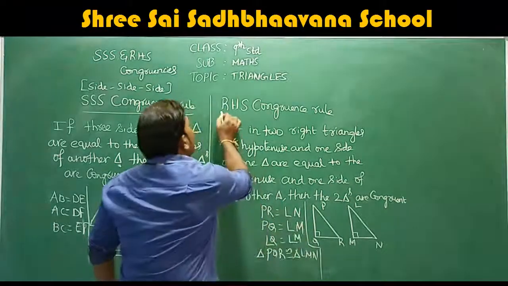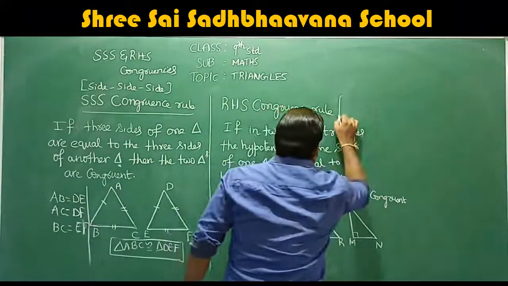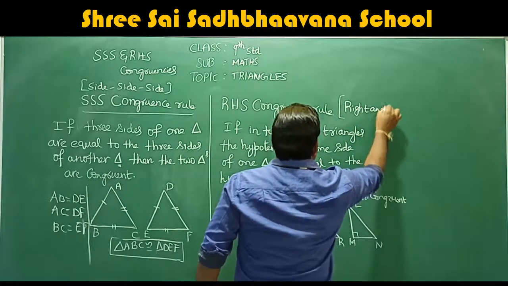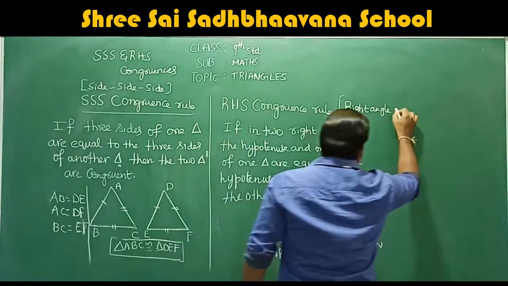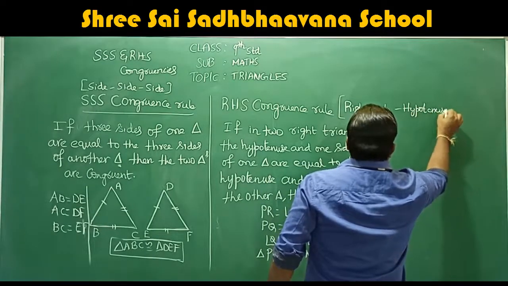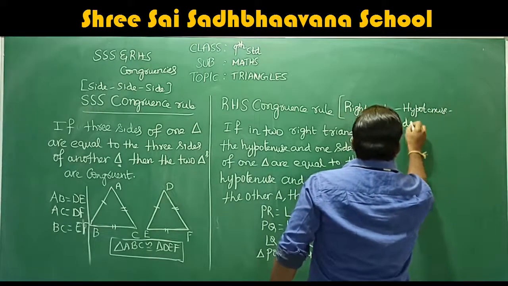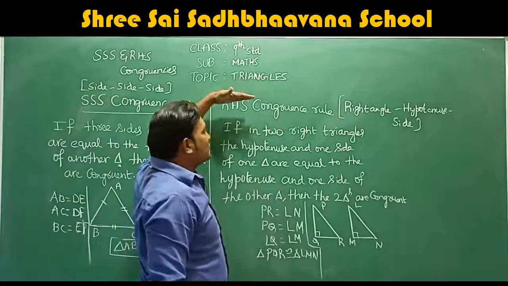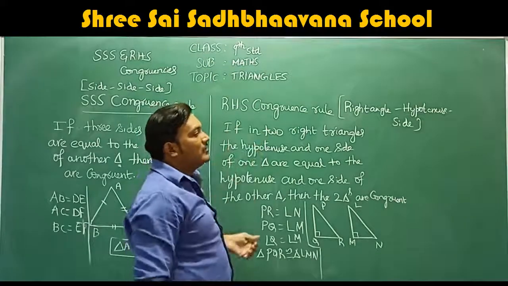RHS actually means right angle, hypotenuse and side. So RHS expansion is right angle, hypotenuse and side.